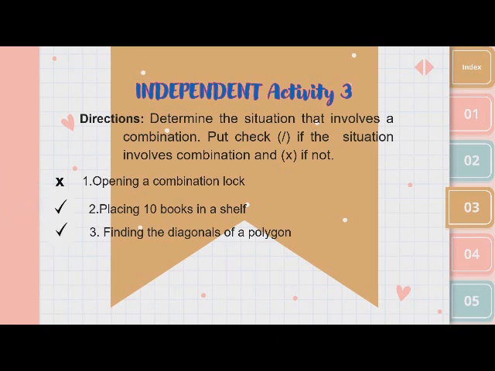Okay, let's proceed now to number 4. Putting 6 toppings on a pizza. If you will put the 6 toppings on a pizza, you are not arranging, right? The order is not important here. So therefore, it is a check mark or combination. Next one, number 5.